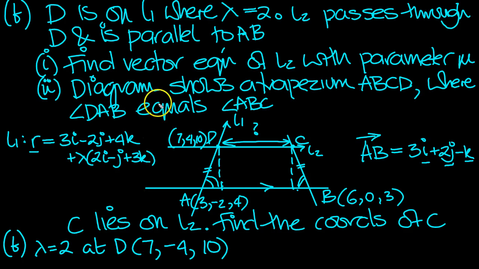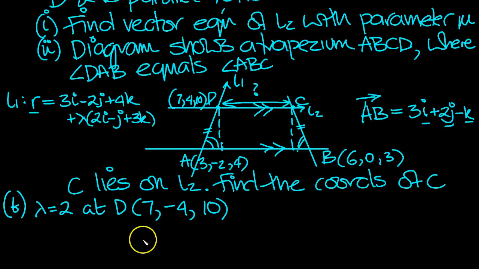So there's D. Find the vector equation of L2. We know it's parallel to AB, because we're told that. So this line is parallel to this line. We know the directional vector AB, so we can now write L2.